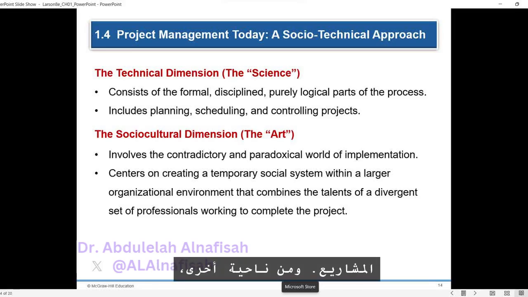On the other hand, the socio-cultural dimension of project management deals with the messier and often contradictory world of project implementation. It involves creating a temporary social system within the larger organizational environment, bringing together professionals with diverse skills and backgrounds to work on the project.